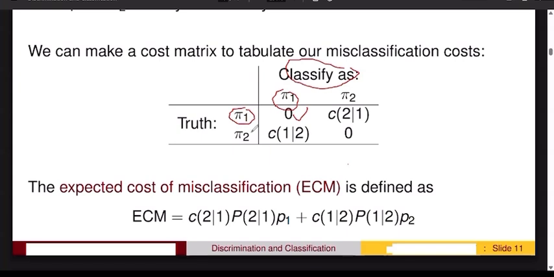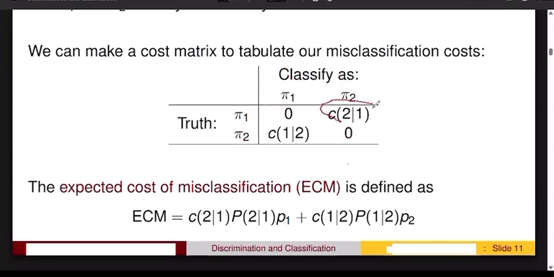Now, when you take a look, the nature said that guy should be in group two, and you classify the guy as group two, then that will come with no cost. Correct classification does not come with any cost. But what is going to come with a cost is misclassification, which is what we have here.